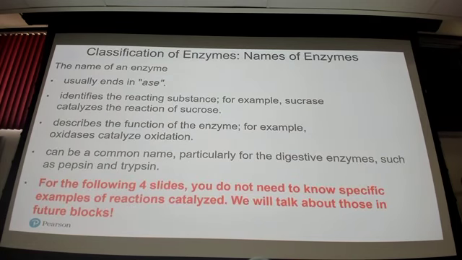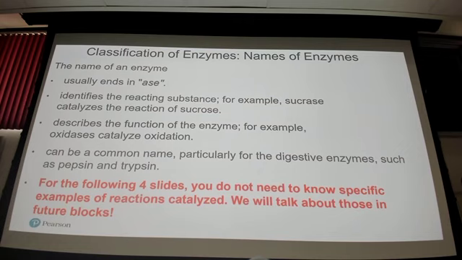So now we're going to talk about some different classifications of enzymes. We're going to talk about 6 different classes. Typically enzymes end in ase, and that tells you what it's acting on. We just saw an example of that. Lactase acts on lactose. Also, enzymes can be named with common names, like the digestive enzymes chymotrypsin, trypsin, and pepsin.